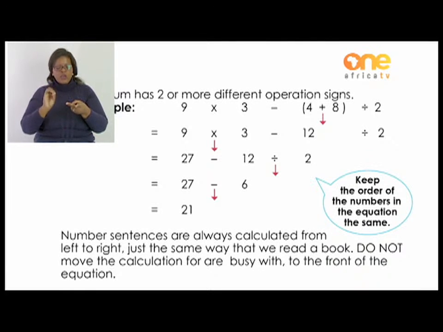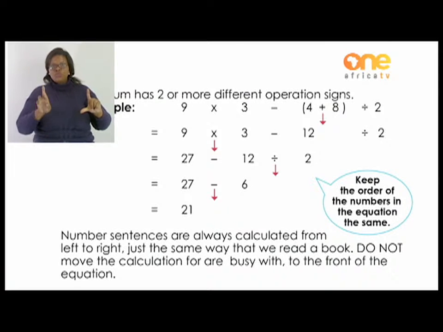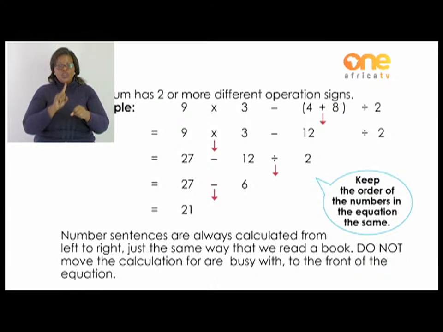So we continue, and it will be division or multiplication. We do it from left to right. The order stays from left to right. So in this sum, the first operation that we will find is multiplication. What is the answer to 9 times 3? 27. So we go to our next step.